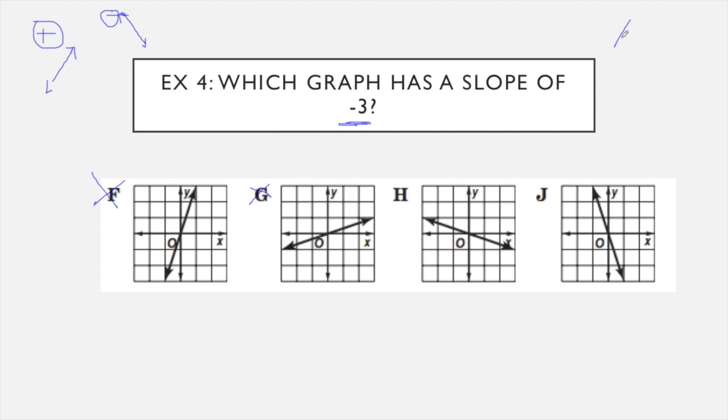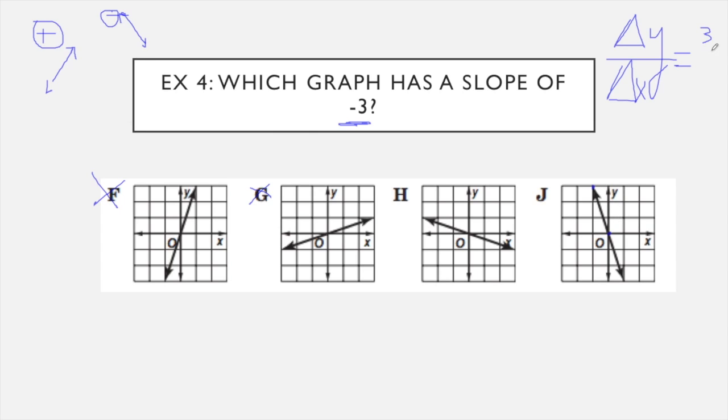We have to remember that slope is change in y over change in x. So change in y means our vertical change up and down. So if I look at example choice J, let's start at the origin and track between that point and the tip of our arrow here. How did we change vertically? Well, we went up 1, 2, 3.